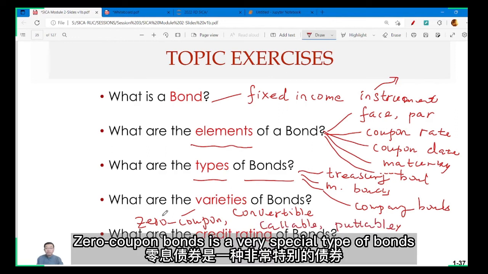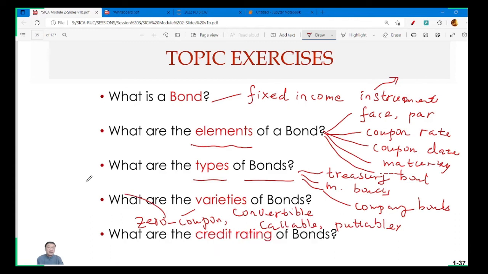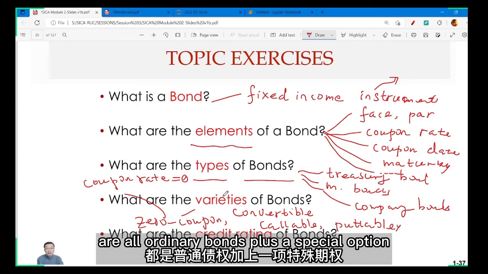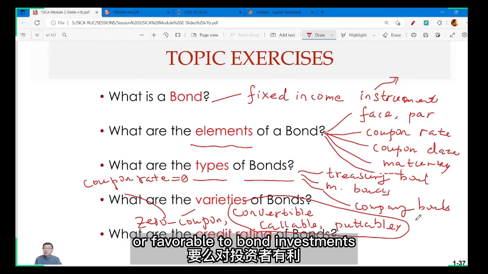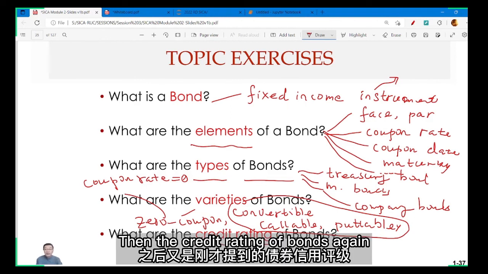Zero coupon bonds are a very special type of bond. Its coupon rate is 0. The other 3 varieties of bonds are all ordinary bonds plus a special option. These options are either favorable to bond issuers or favorable to bond investors. Then the credit rating of bonds.